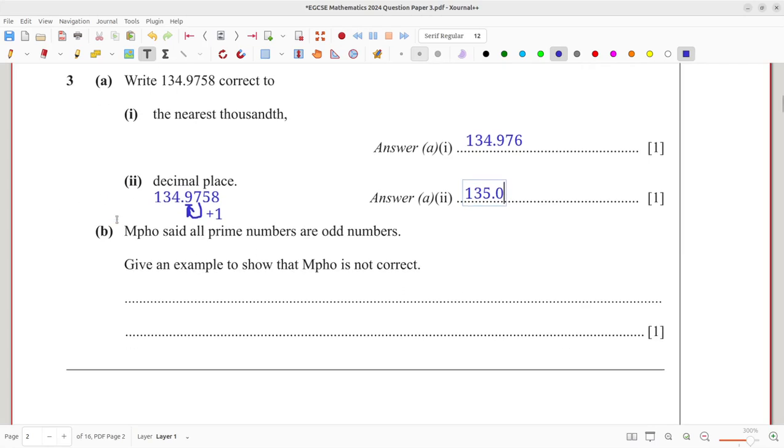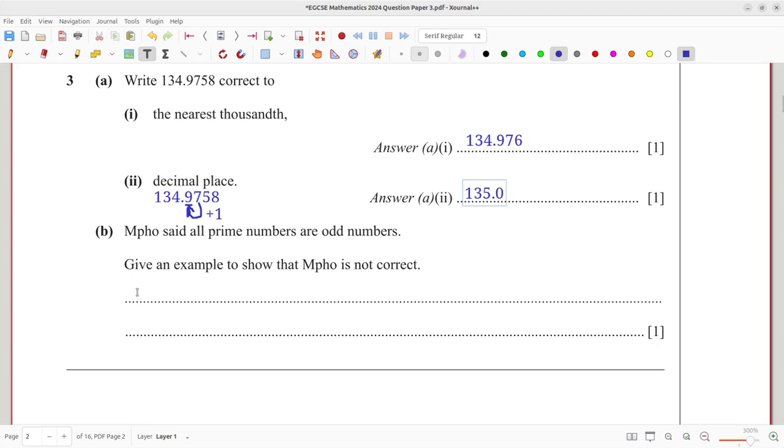Next question. Mpo said all prime numbers are odd. Give an example to show that Mpo is not correct. First of all, you need to remember that an odd number is a number that when divided by 2 leaves a remainder of 1.